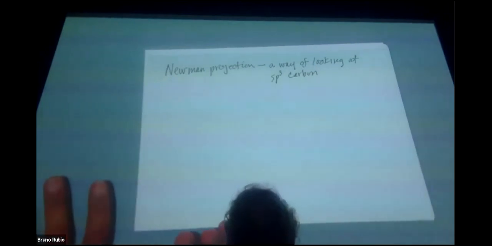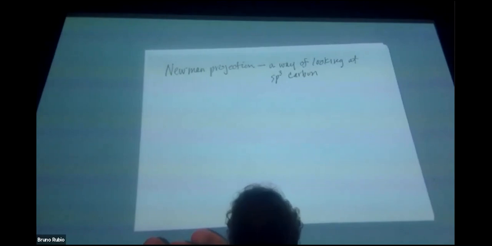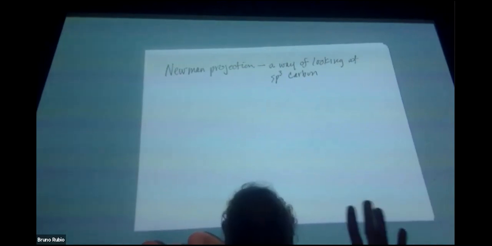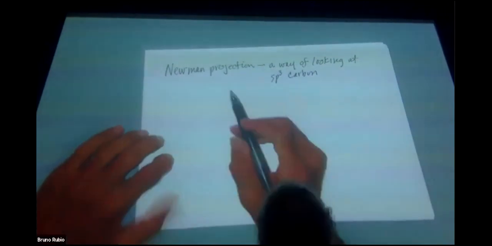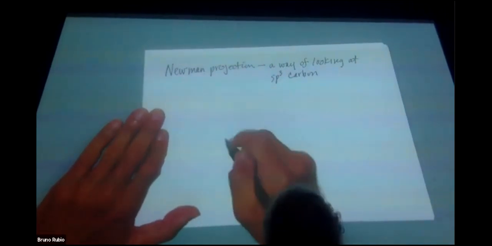We can see everything that is bonded to the carbon in the front, except the carbon in the back of the bond along which we are sighting. For the carbon in the back, we can see everything bonded to it. Let's look at how to formulate a Newman projection.